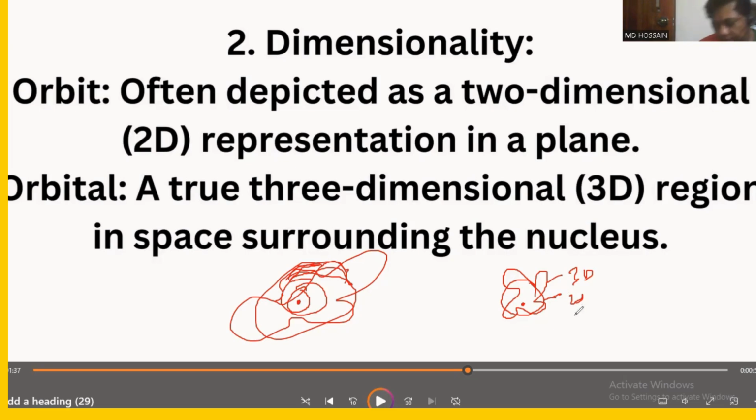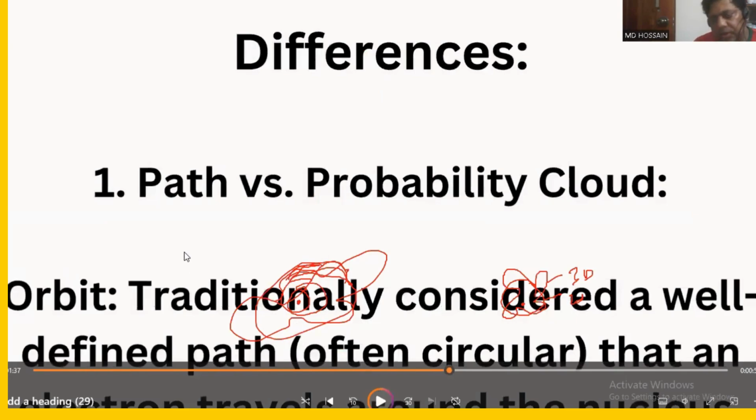So if we go back, you will have that previous slide. This is the first one. First, number 1 point: path versus probability cloud.